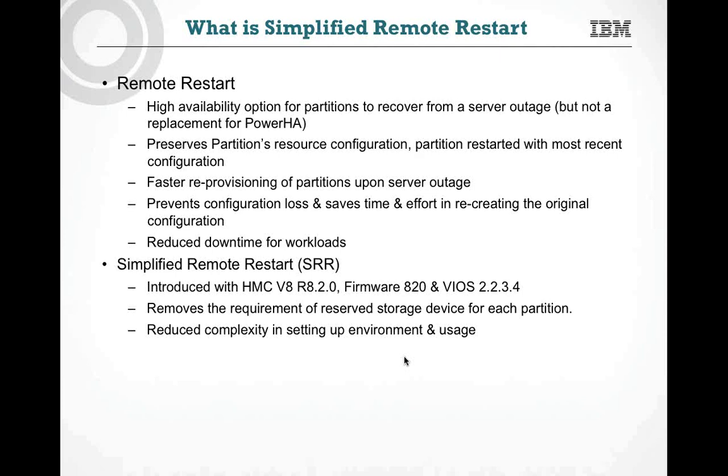Basically, the HMC will save all the partition information on the HMC itself. When a server crashes and the hypervisor and the VIOS are down, the HMC has a cache copy of all the configuration data, and it can use this configuration data to rebuild these partitions on other servers and do all the VIOS mappings it needs to do.